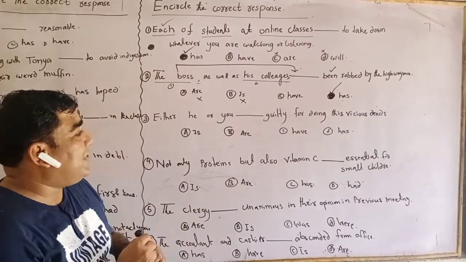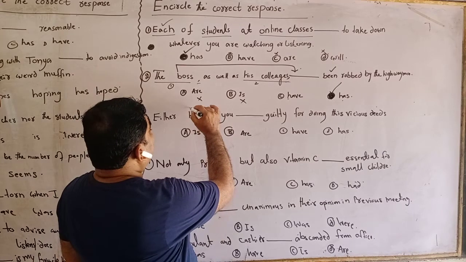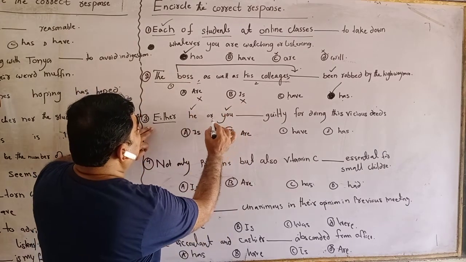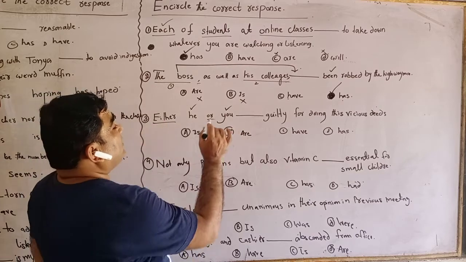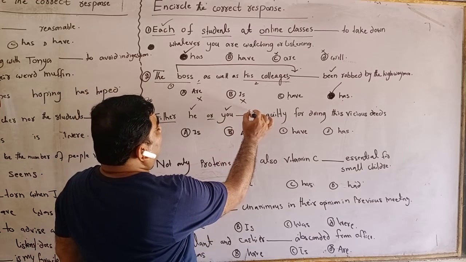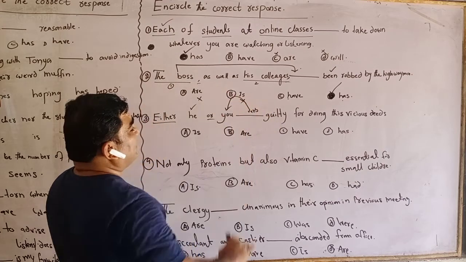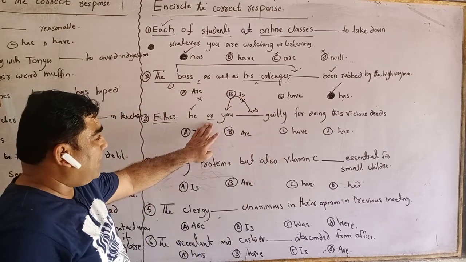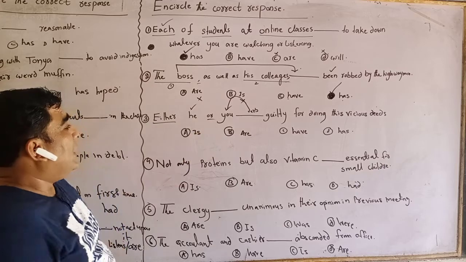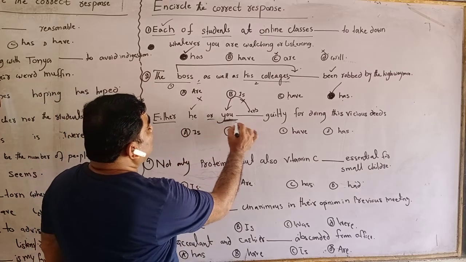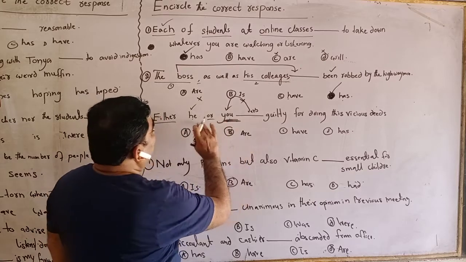Third, if the first is singular and the second is plural, it agrees with the plural verb. Whenever you find he or you between either and or, the verb agrees with the one very near to it, whether nouns or pronouns. Now, between he and you, the agreement would be with you, the next one, not he.